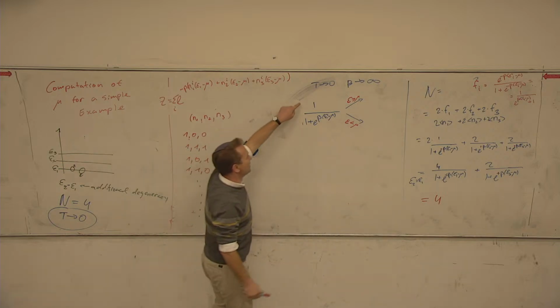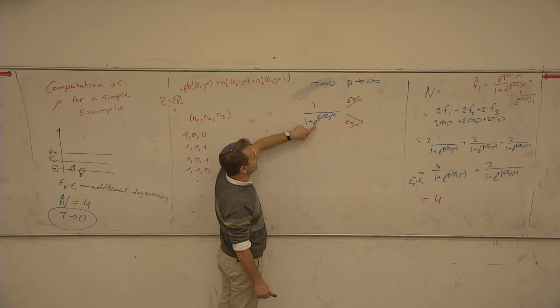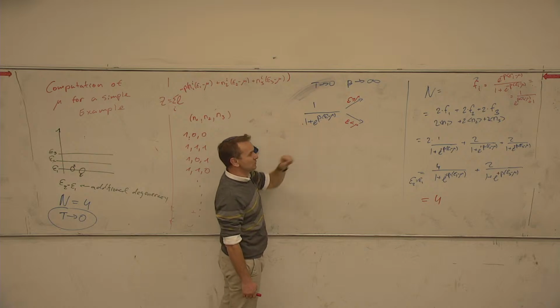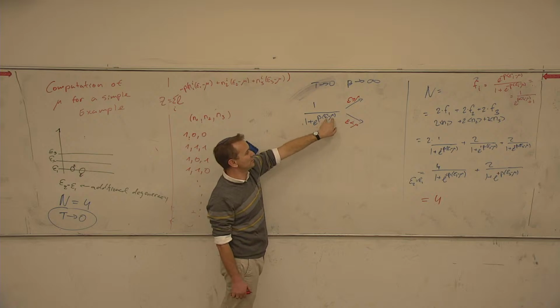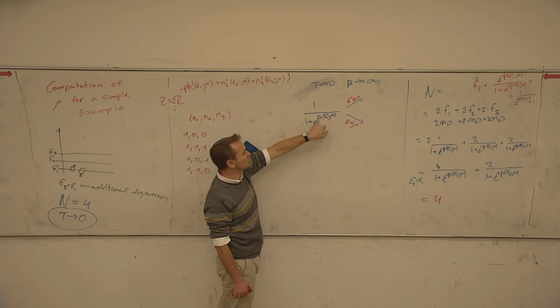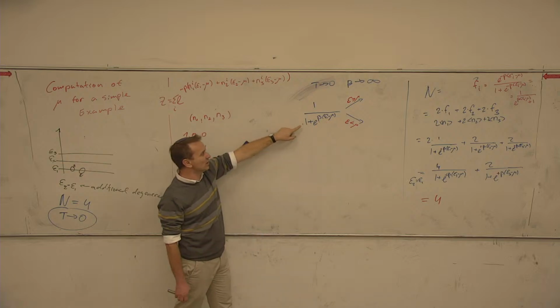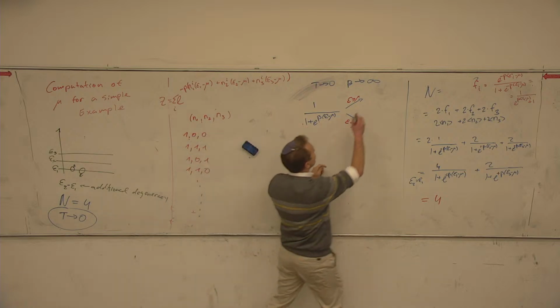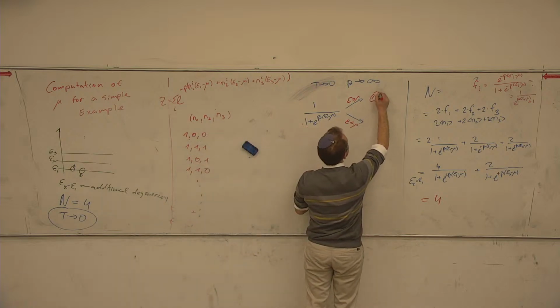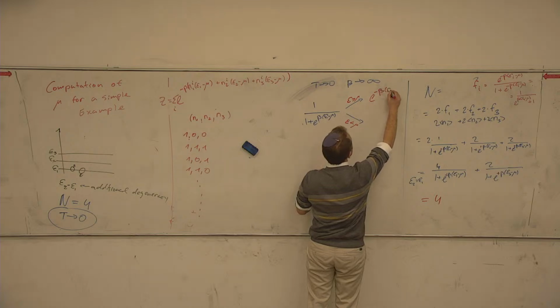So we have 1 over 1 plus e to the power beta (epsilon minus mu). When epsilon is greater than mu, this is a positive number. Beta is extremely large, so the exponent of a very large number is extremely large compared to 1. So we have over here e to the power minus beta (epsilon minus mu).